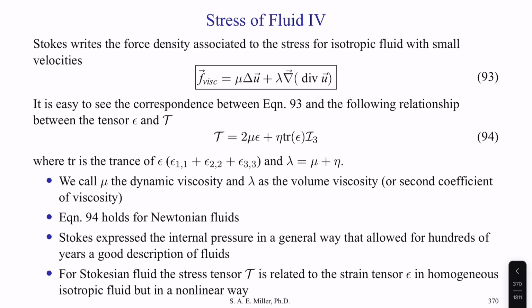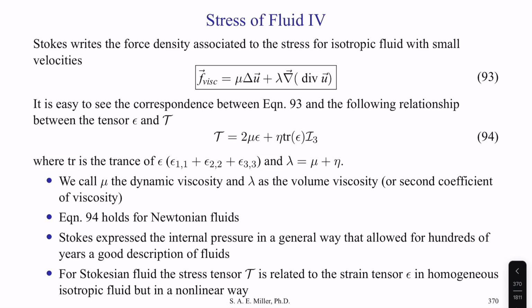George Gabriel Stokes argued that the force density associated with a stress of an isotropic fluid for small particular velocities is equation 93, which is a boxed equation. It'll be mu of the Laplacian of u plus the second coefficient of viscosity of the gradient of the divergence of velocity.